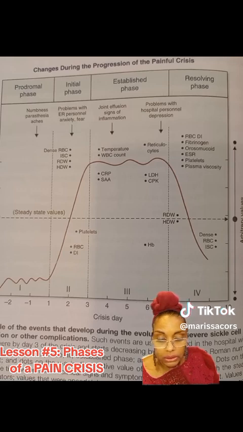And unfortunately, you are also going to be battling, most likely, depression caused by the fear and anxiety of dealing with problems with hospital personnel.